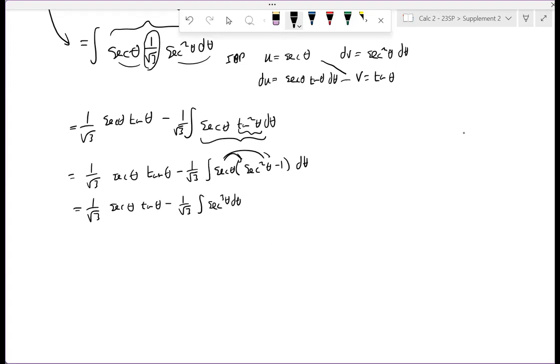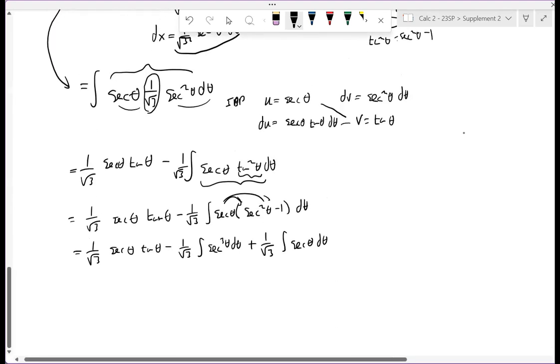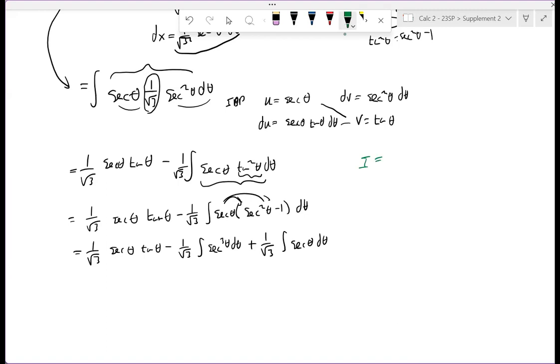And then I have a plus this integral. And what do I see? I see if I call my first integral I, so that will be 1 over root 3 integral of secant cubed theta d theta.